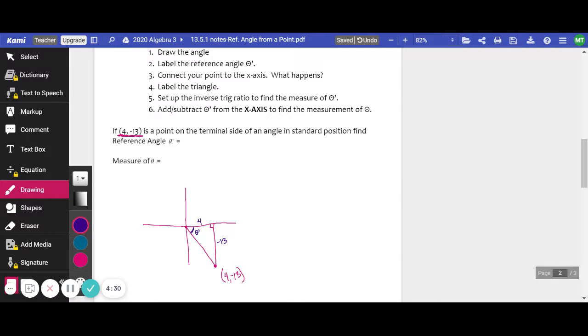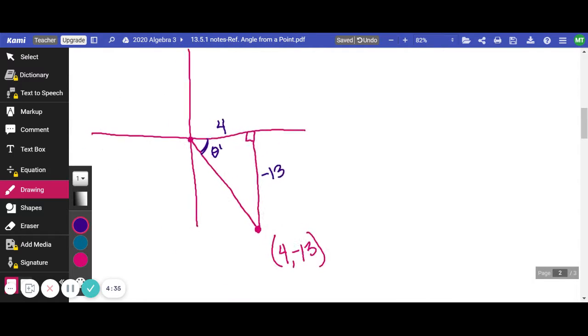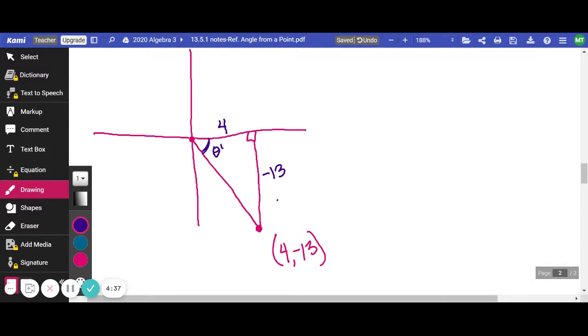Set up the inverse trig ratio to find the measure of theta prime. Here is my opposite, here is my adjacent. O and A is your tangent. When you're given a point, you're always going to use tangent because you're going to use your opposite and adjacent. So opposite over adjacent is 13/4.